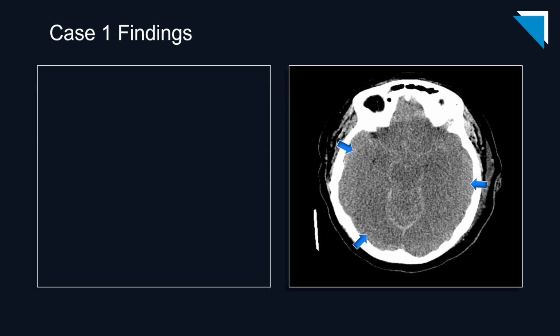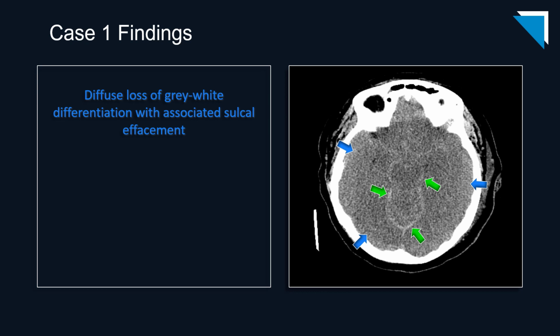First, we have the hallmark loss of gray-white differentiation diffusely with associated sulcal effacement. Apparent increased attenuation in the subarachnoid spaces known as pseudo-subarachnoid hemorrhage.